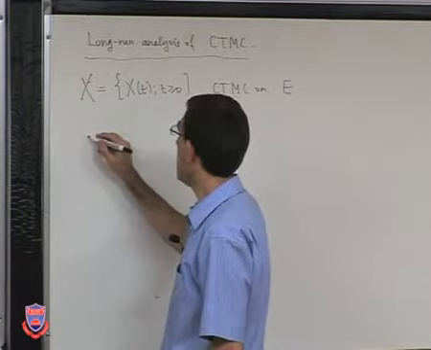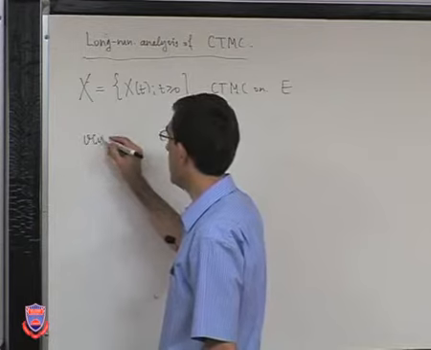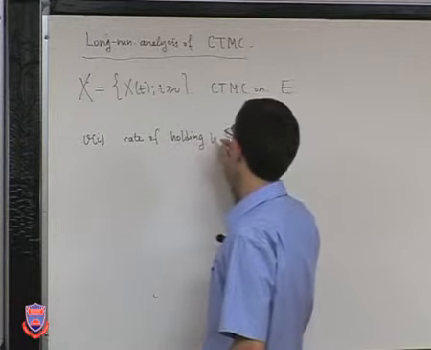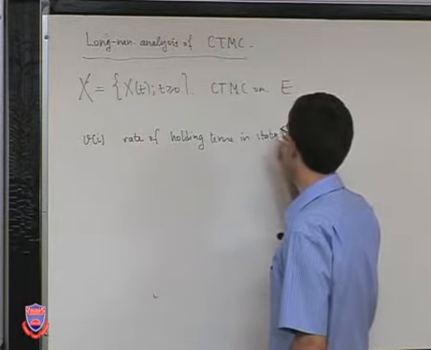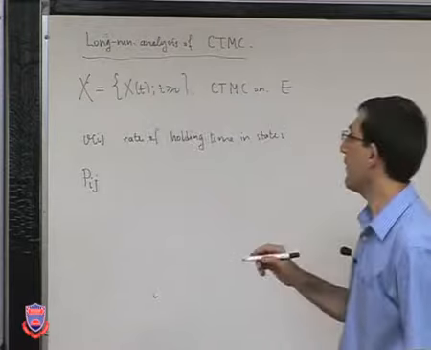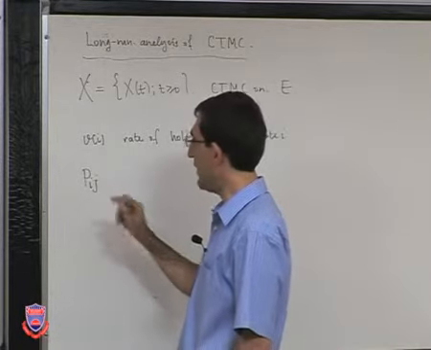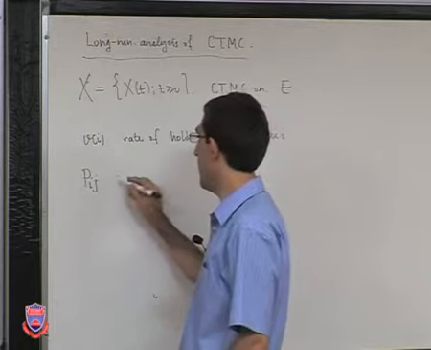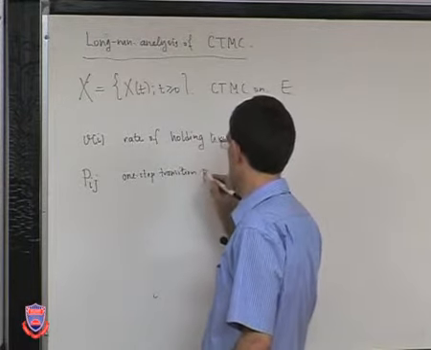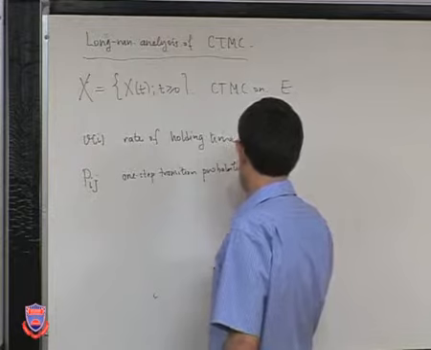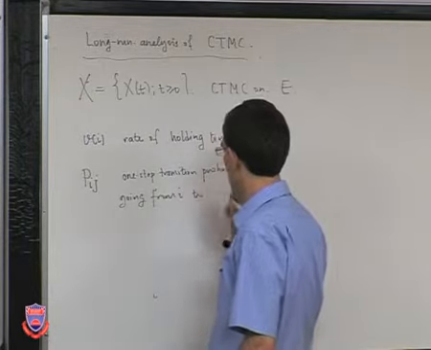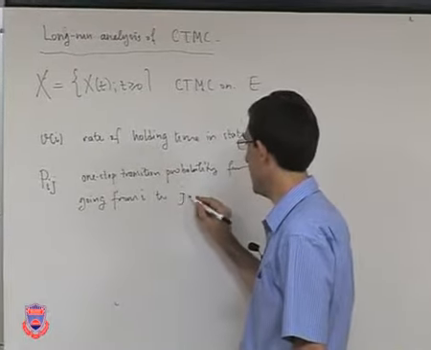So for each state i, suppose that the rate of the holding time in state i and the one-step transition probabilities for going from state i to another state j different than i are also given.